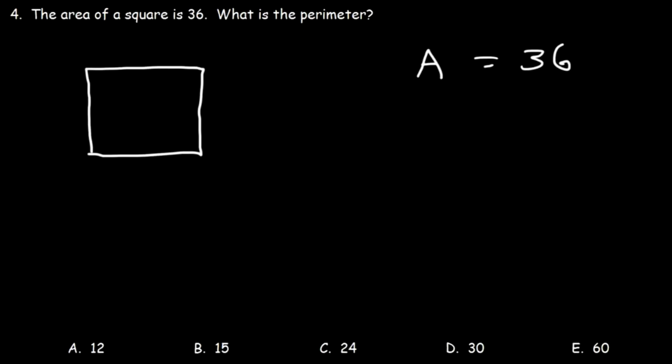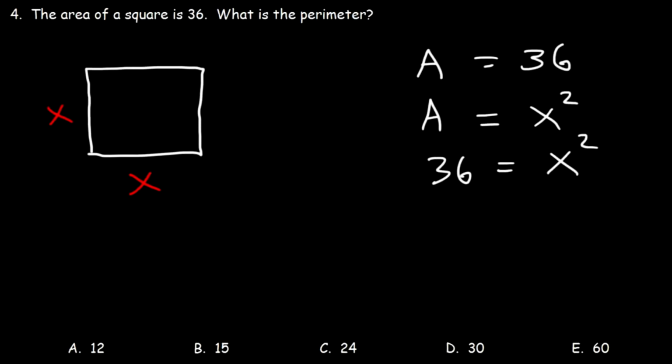Well, if we call this x and x, all sides are the same of a square, by the way, the area is simply length times width, or x squared. So 36 is equal to x squared. And if we take the square root of both sides, we can see that x is equal to 6. So each side of the square has a value of 6.